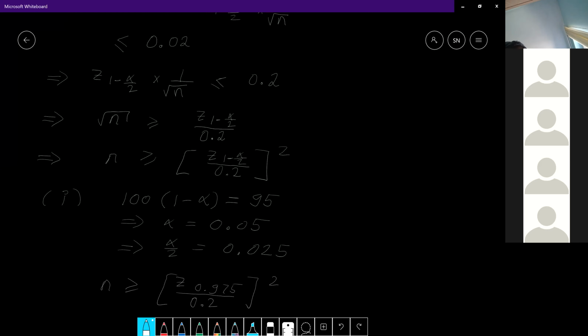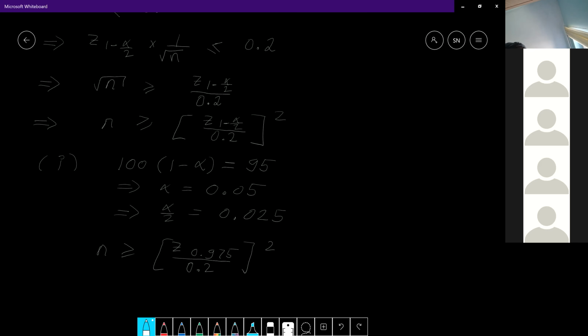Of course, you can read this from the table, and if you do so, you will get approximately 1.96 divided by 0.2, to the power 2. So that's part one.